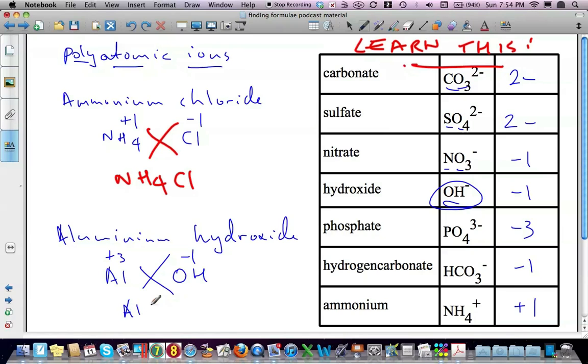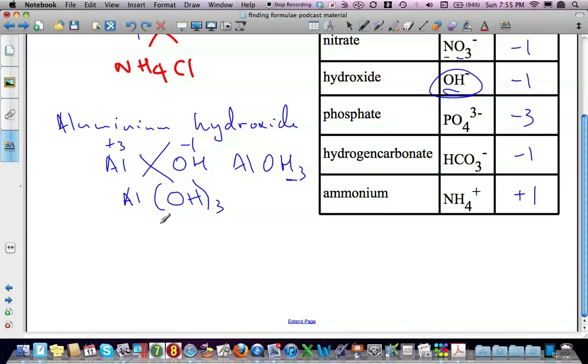But you must show that you've got 3 hydroxides by using brackets around the whole thing. Not like this. This just shows 3 hydrogens and 1 oxygen. You've got more than that. You've got 3 oxygens and 3 hydrogens. The hydroxide, the polyatomic ion, never is separated. This is always together.